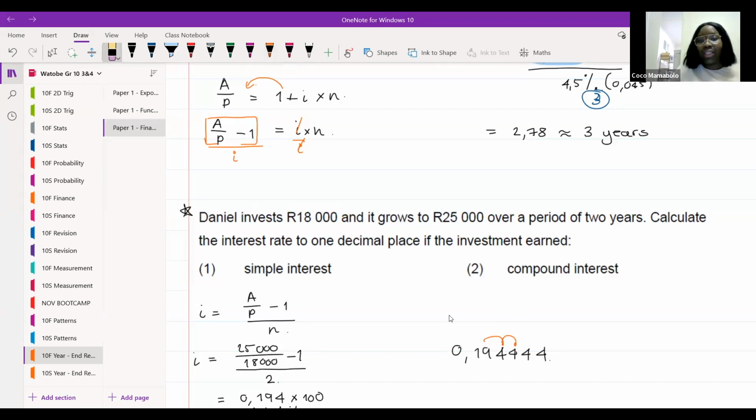It won't do that. Because it's still a 4, this number over here needs to be 5 or above in order for it to change this number into a 5. Correct, Oratilwe. So I think that's where we're getting a bit of a discrepancy.